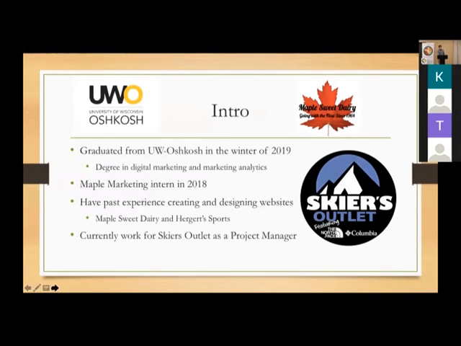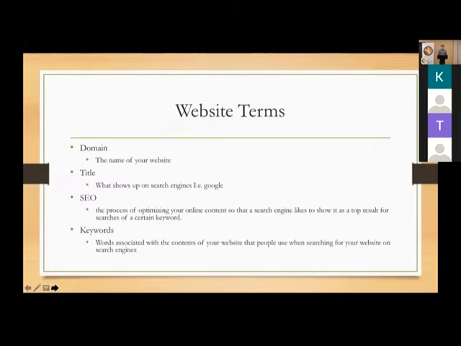I'm just going to go over a few terms first for website design. First off, domain. That's basically the name of your website, and we'll get more into these terms later on. Title is what shows up on search engines like Google or Bing. It's the name that shows up when someone searches for something.